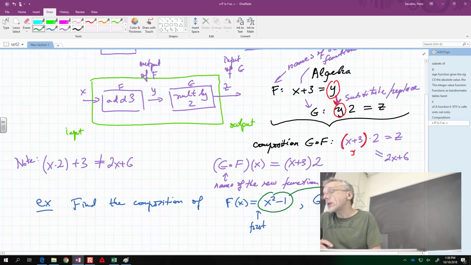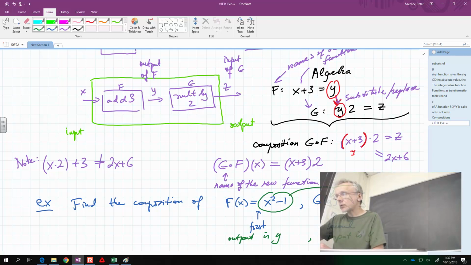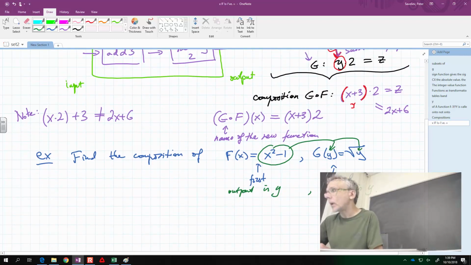In other words, even if you're not told, you assume that the output of the first function will be the input of the second. So if the input of the second function is y, you'd better call the output of the first one y, so that you know where everything goes.